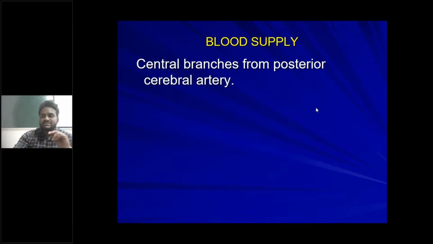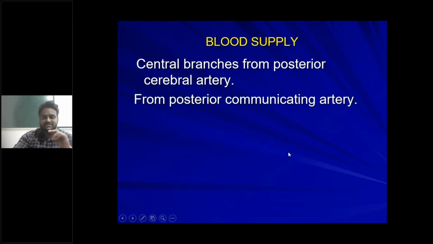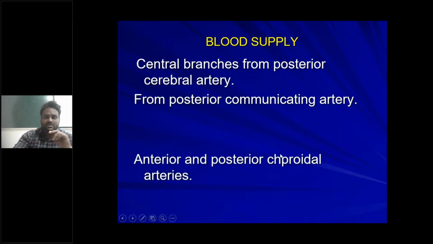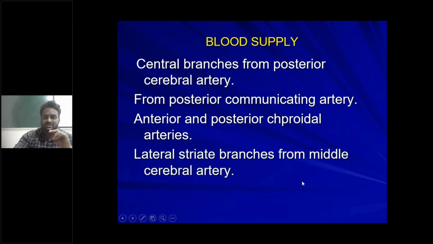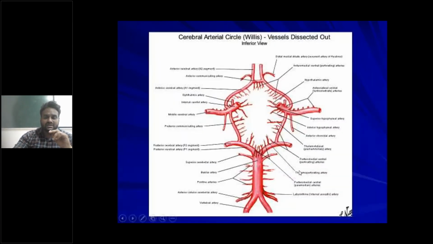Usually the white matter of the cerebral hemisphere is supplied by which branches of the circle of Willis, cortical branches or striate branches? Striate branches. These striate branches come from the following arteries: the posterior communicating artery, anterior and posterior choroid arteries, and lateral striate branches from the middle cerebral artery.